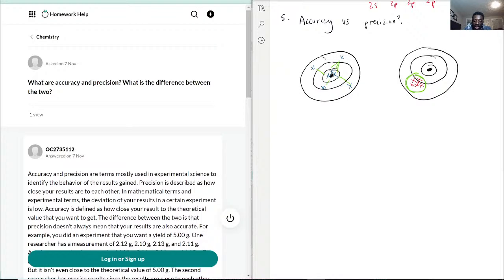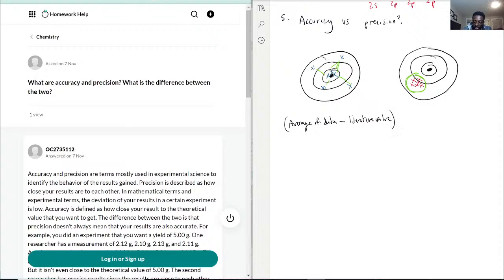That's usually calculated as an average of the data minus the actual value, the textbook literature value.